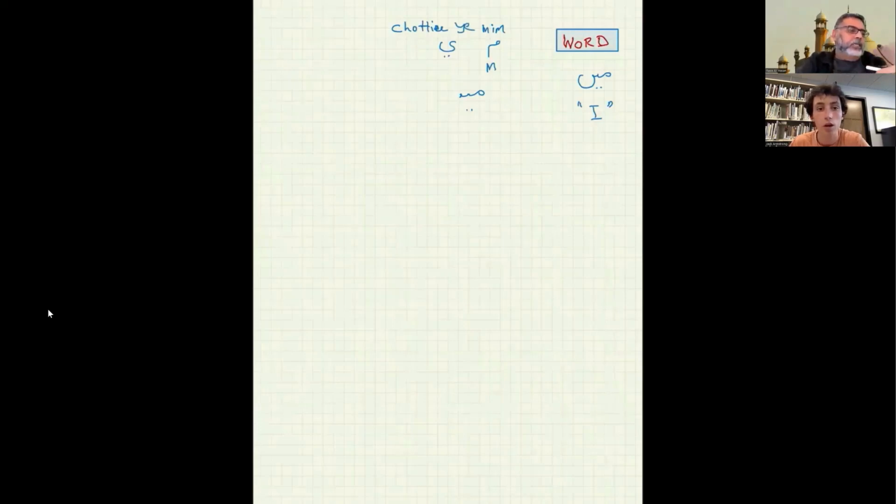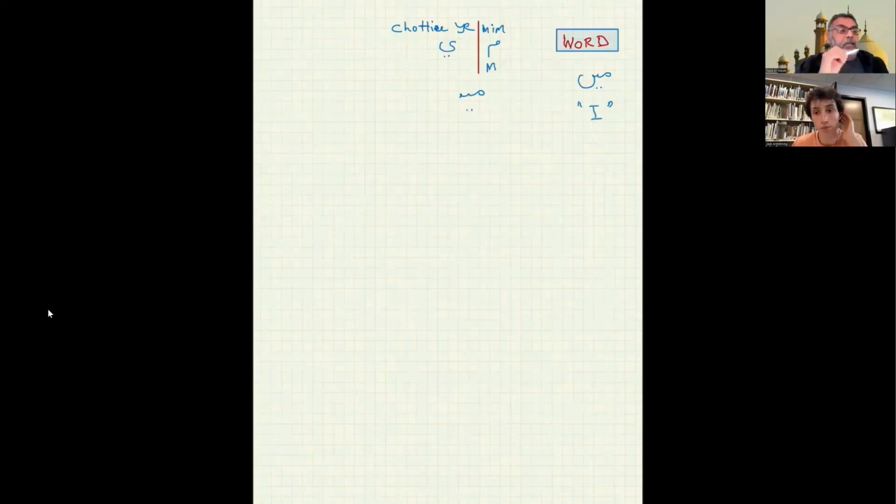So the choti ye is the little U-looking thing with the two dots. Exactly. So the red line says, on the right-hand side of the vertical red line is the letter meme. That is the M, and that's the first letter of the word मैं.